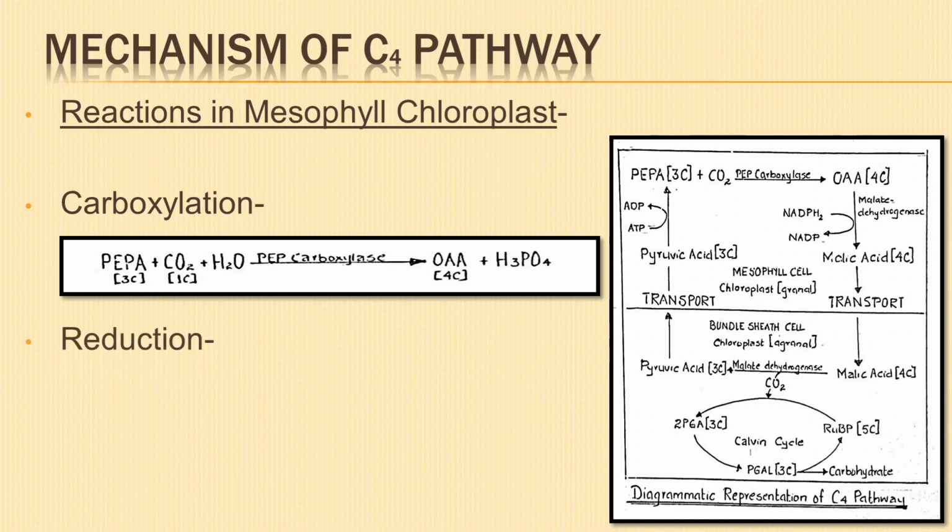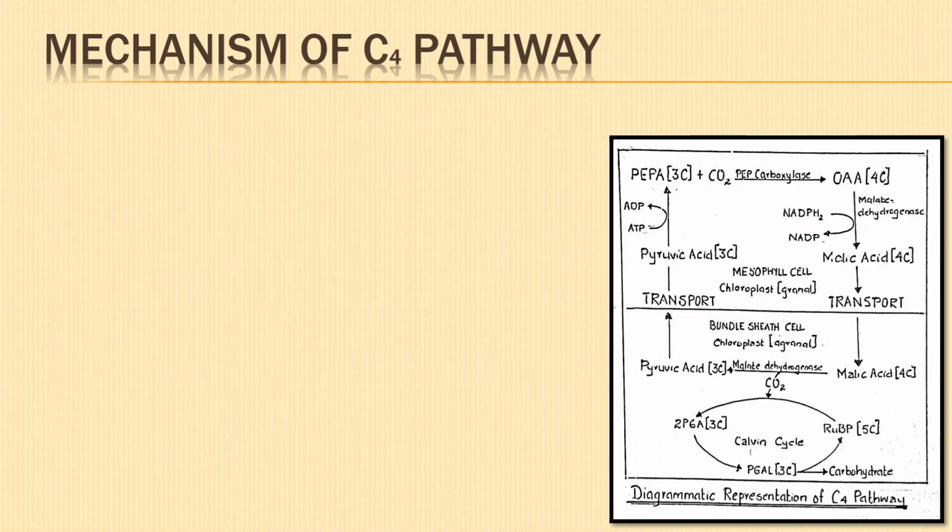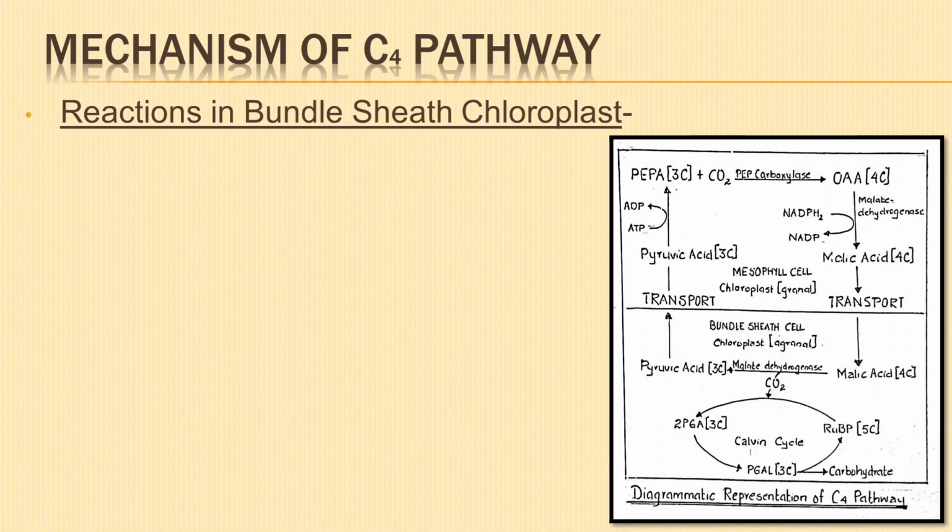Next is reduction. In the presence of NADPH2, oxaloacetic acid is reduced to malic acid by enzyme malate dehydrogenase. Next is reactions in bundle sheath chloroplast.